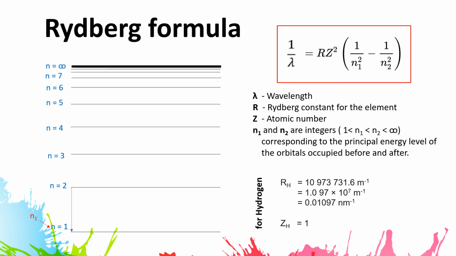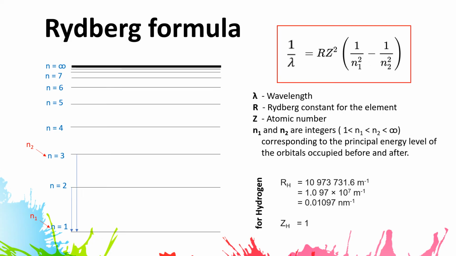Then N1 is 1 and N2 is 2. So let's think about another movement from the third energy level to the first energy level. Now N1 is the same, because the lower energy level is 1, and N2 is 3.